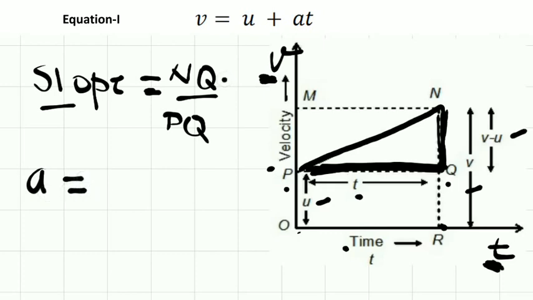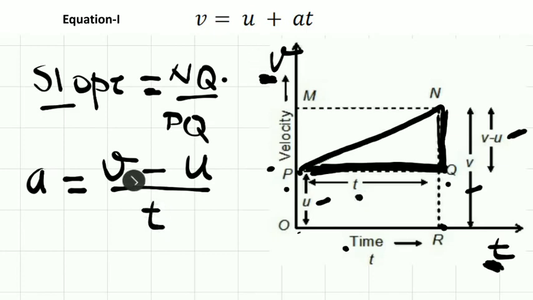The value of nq is v minus u upon the value of pq, which is t. So we have a is equal to v minus u upon t.